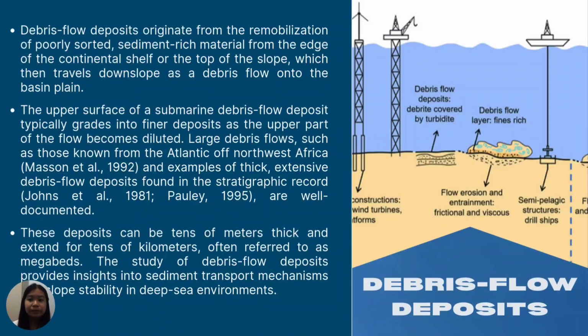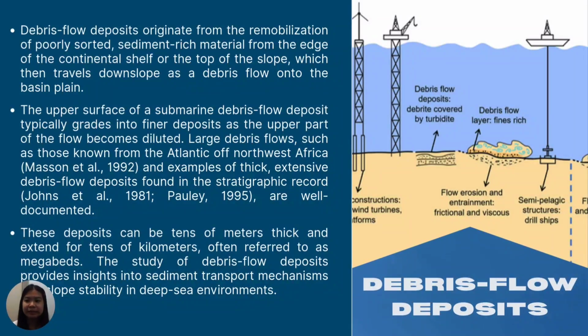Debris flow deposits form when poorly sorted materials from the continental shelf or slope are remobilized and flow downslope onto the basin plain, often mixing with seawater, which causes dilution and sometimes transitions the flow into a turbidity current.